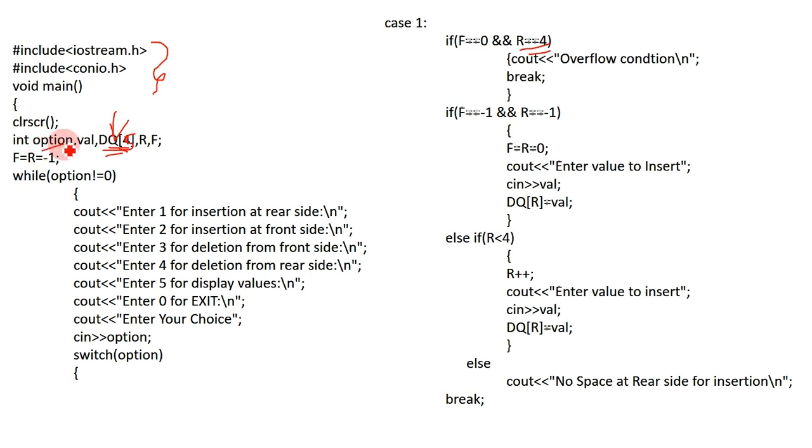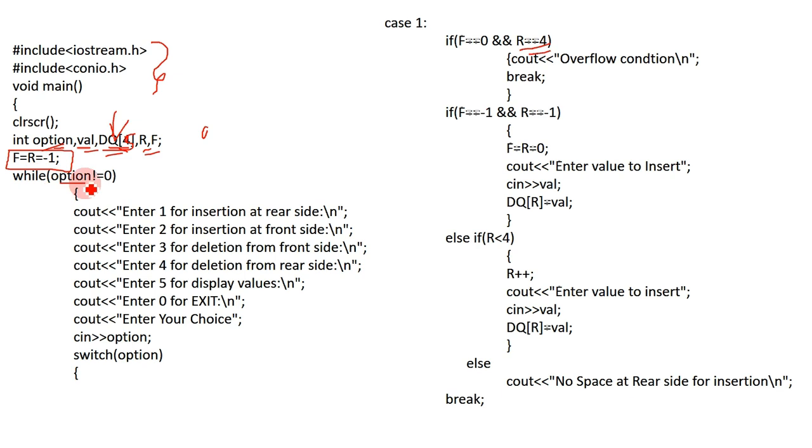Okay, this is the option, clear screen, option variable, and this is also another variable, rear end and front end. At the start assign -1 to both the rear and front end, because when you are implementing the DQ by using an array, array location starts from 0 in C++.